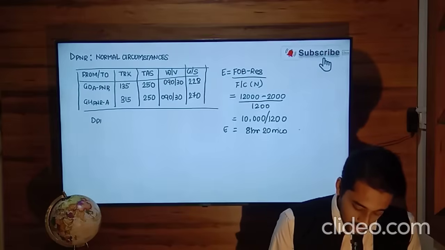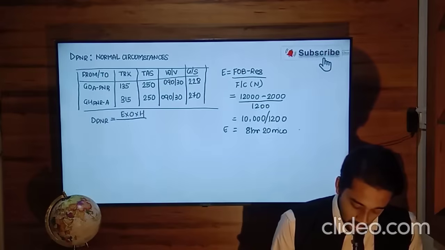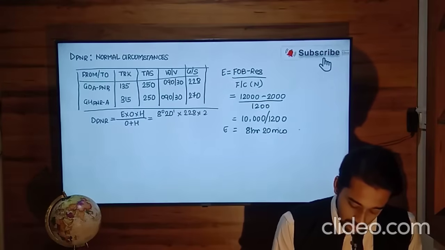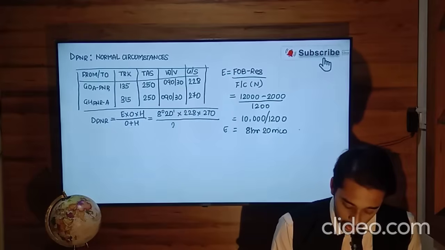Distance to PNR equals endurance into O into H divided by O plus H. So 8 hours 20 minutes into outbound 228, homebound 270, divided by 228 plus 270.